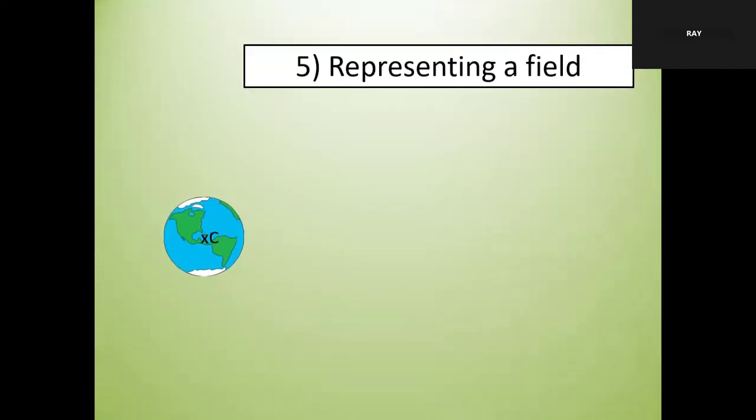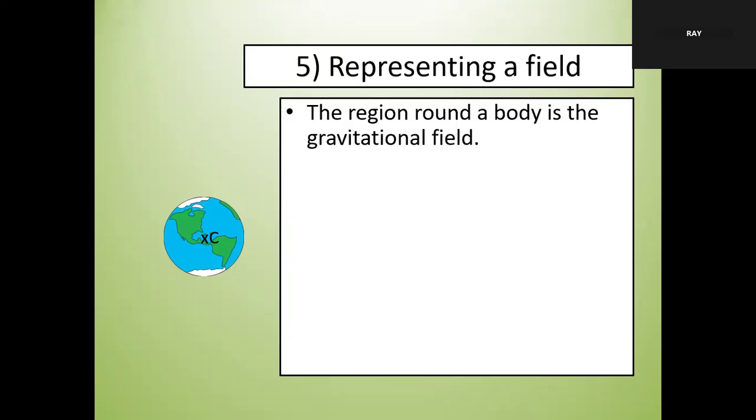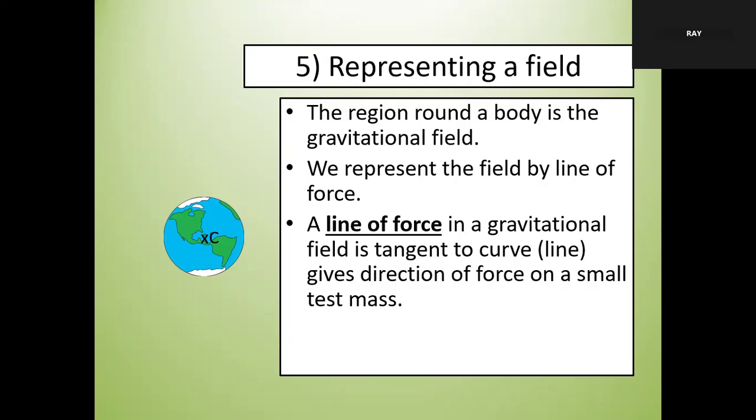How do we represent the field? Take a uniform sphere or the Earth, with center C. The region around the body is the gravitational field. We represent the field by lines of force. A line of force in a gravitational field is a tangent to the curve.